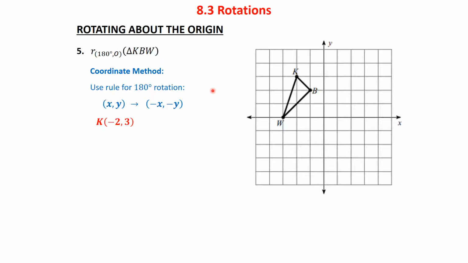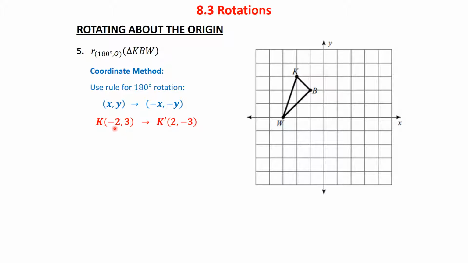So I'm going to start with my first point K, which exists at -2, 3. I'm going to multiply both coordinates by -1, so -2 times -1 is 2. 3 times -1 is -3. So in essence, what's happening here is we're switching signs. Anytime we multiply by a negative, we know we're switching signs. Since both are being multiplied by a negative, everything switches signs.